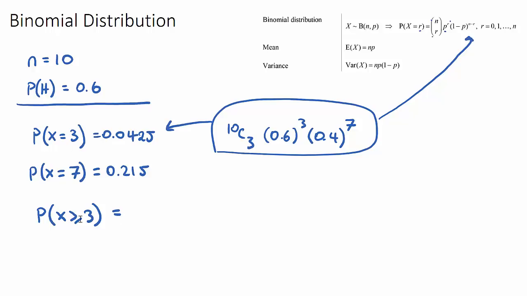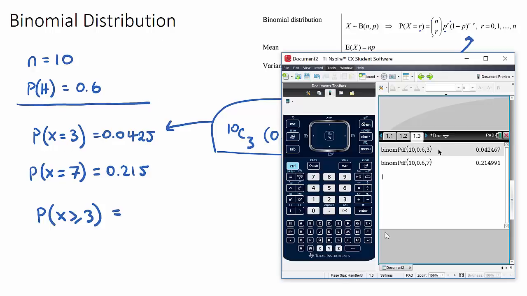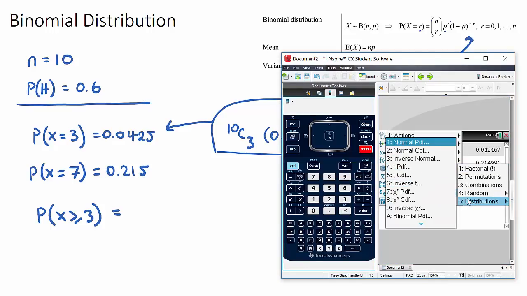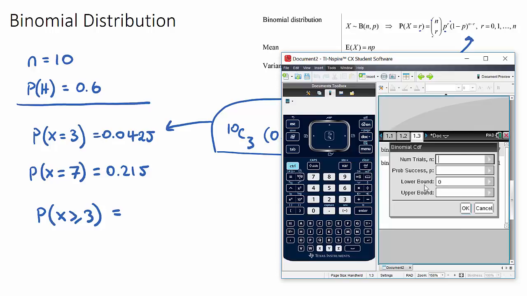And if we have a group of scores, we use Binomial Cdf. So we go and find the one below it in distributions, and Cdf has the lower bound and upper bound. So the number of trials will still be 10. We'll have 0.6. Now the lower bound, we want 3 or more. So we'd have 3, and the upper bound would be 10 out of 10 heads.